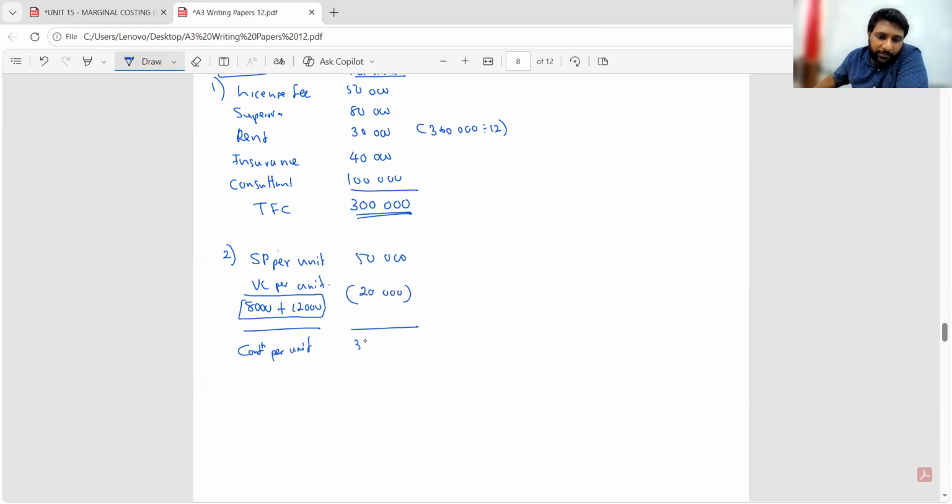Tell me. 30,000. Contribution per unit 30,000. Then total fixed cost divided by the contribution per unit. 300,000 divided by 30,000. How many computers? 10 computers.